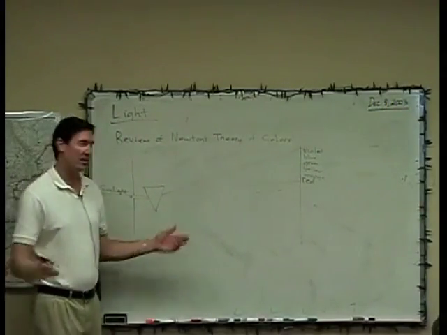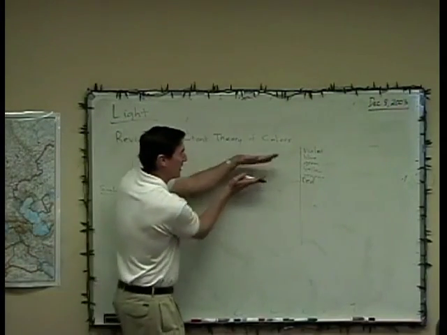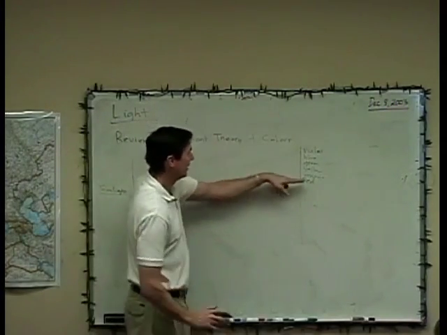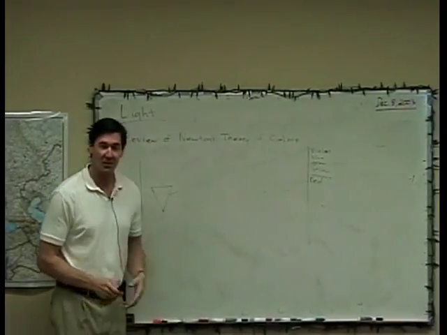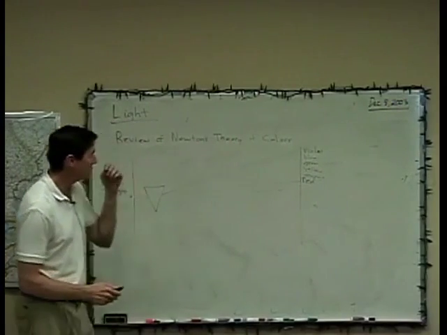No more white light at all. All this white light that came in this narrow beam has been now spread out, and you can just see all these colors. Okay, so that's what Newton saw.